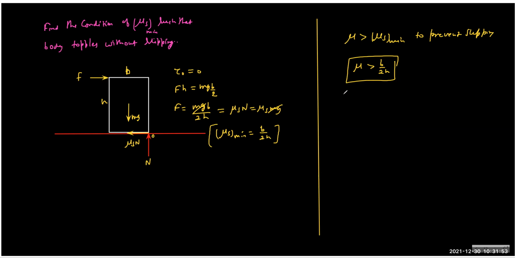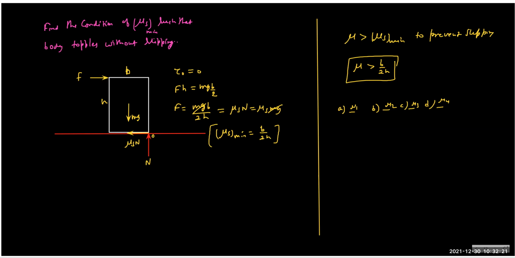So they will give you a multiple choice question A, B, C, D, and in the options A, B, C, D, these options are mu1, mu2, mu3, mu4. You have to pick the option for which the body will topple without slipping.